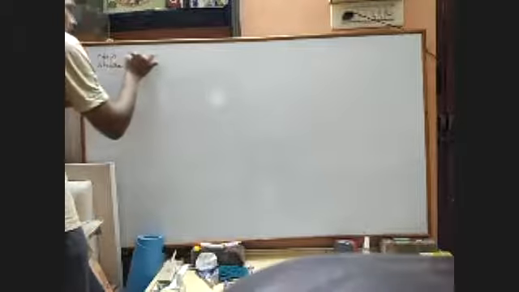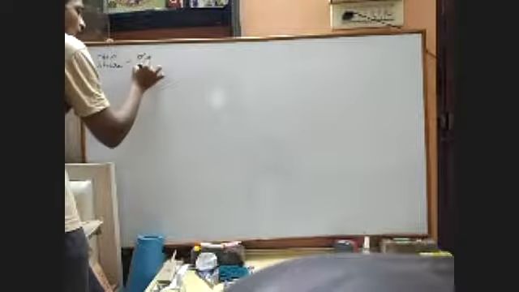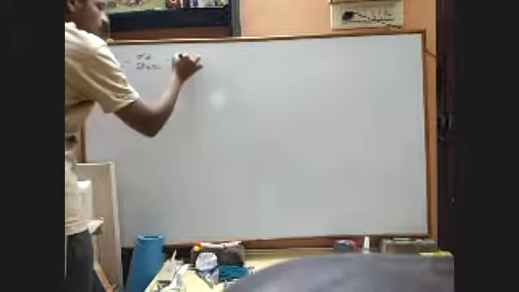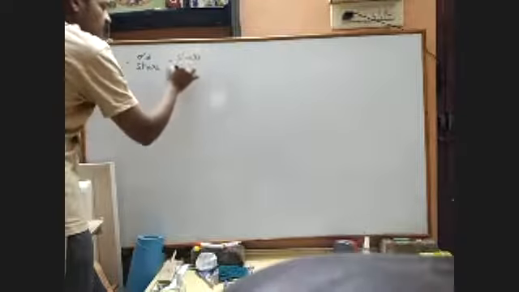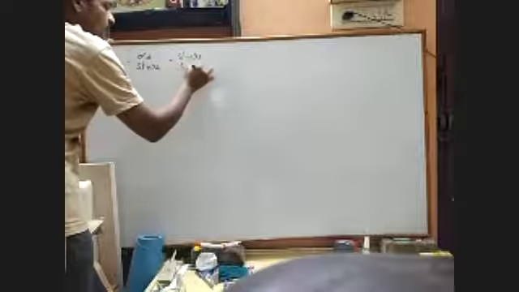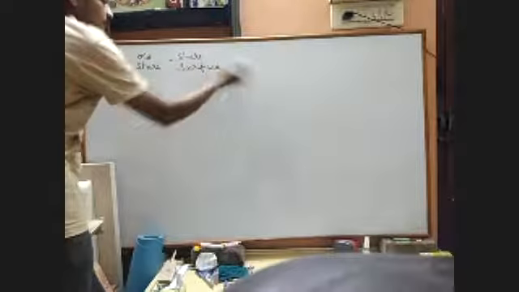Now, let's start. First, let me quote the formula: new share is equal to old share minus share sacrificed, and this is the basic formula which we learned in the previous classes.